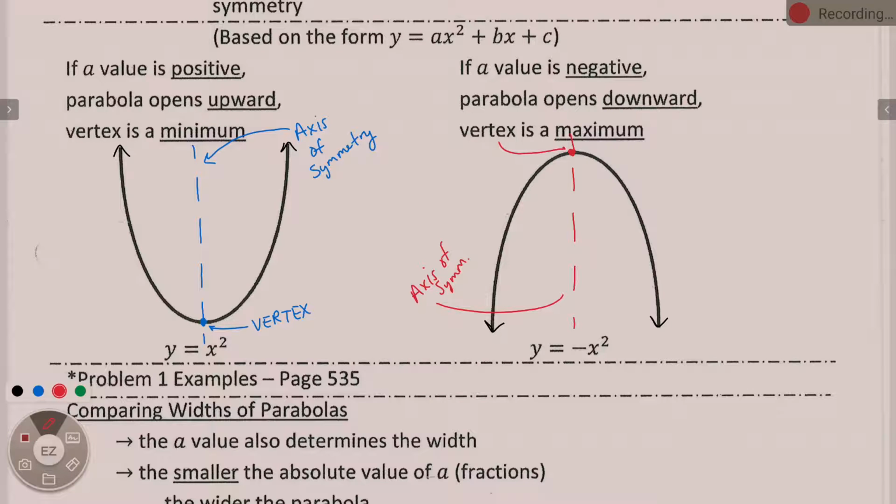A little bit, it's coming back to you a little bit. Yeah, I remember having the graph of it. My examples there that I'm referring to in the book, you're going to see problems like this in homework, where they're going to give you a parabola, and they're going to say, okay, what is the vertex?